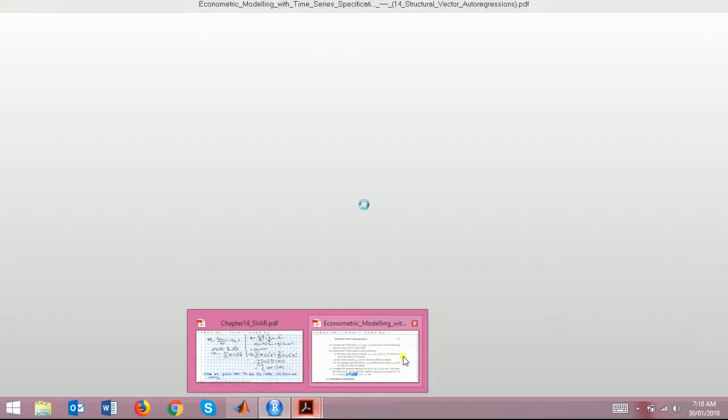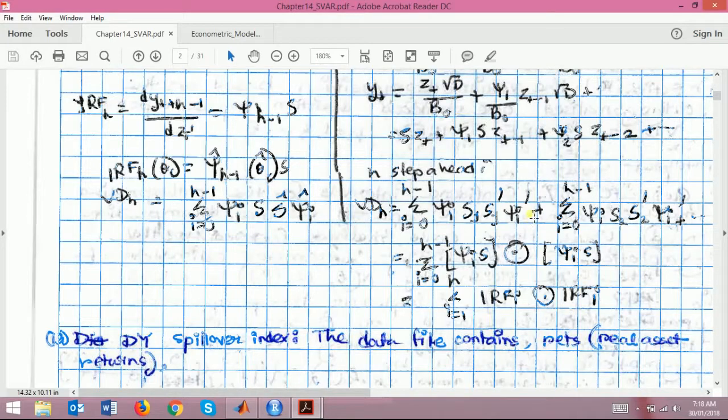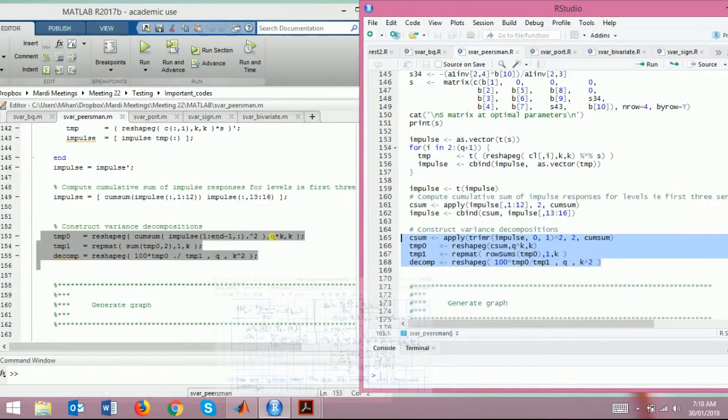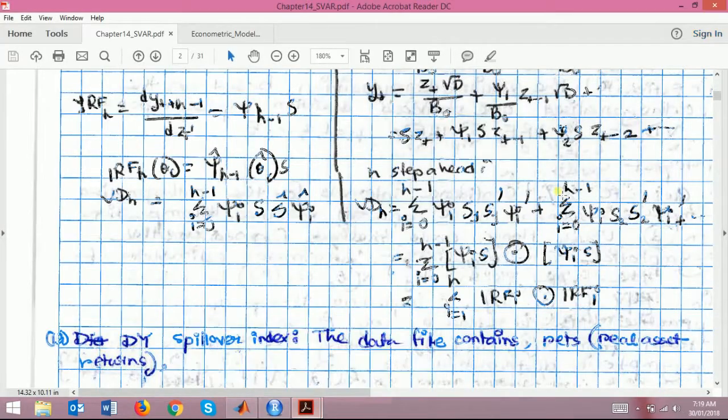First, one more time, first is this function psi I S1, so impulse 1 10 minus 1 squared, Q by K rows, K columns. Dimension is the same, which is Q by K rows.